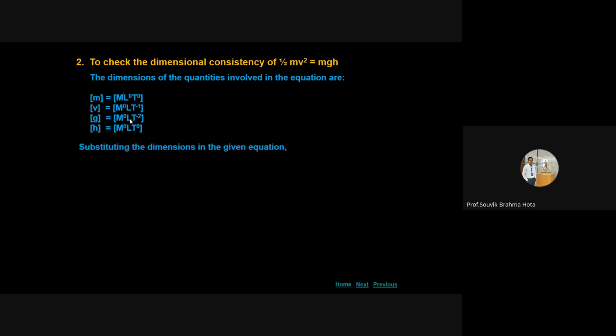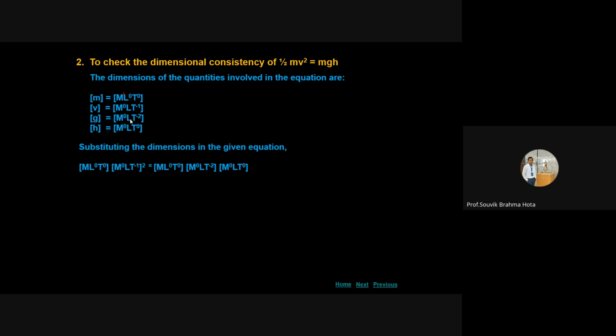Now substituting these dimensions in the given equation, for both the cases: half doesn't have any dimension, being a dimensionless constant. For m it is M L to the power 0, T to the power 0, and v is M to the power 0, L T to the power minus 1, squared.